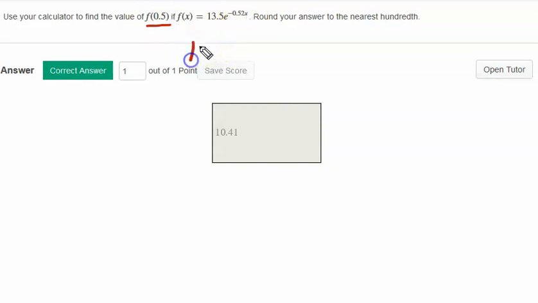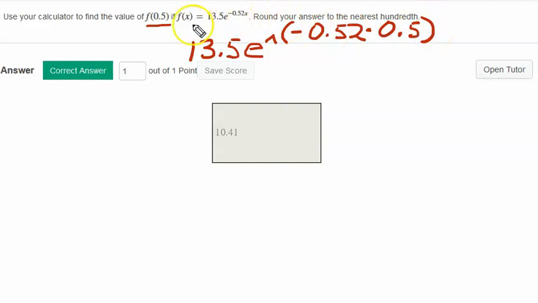So putting this in your calculator carefully, 13.5 Euler's e caret, and then in parentheses, a negative 0.52 times 0.5, your x value, and round to the nearest hundredth, so that's 2 decimal places, 10.41.